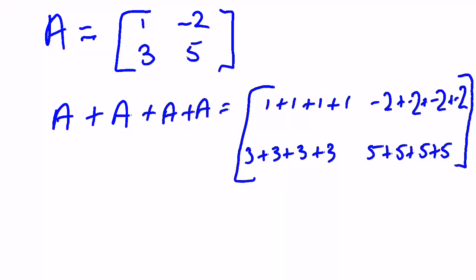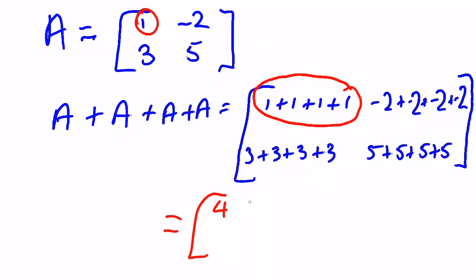Okay, I've written this out in a different way. Rather than write out the 4 A matrices, I've just written the additions inside the elements. So you can see that in order to add A plus A plus A plus A, I have to add my top left element, which is this one up here. I have to do it 4 times, which gives me 4.